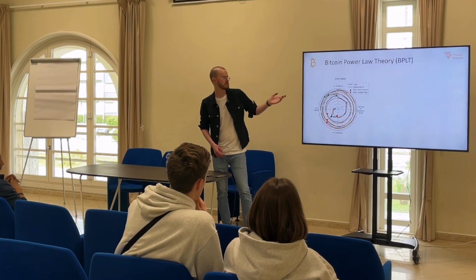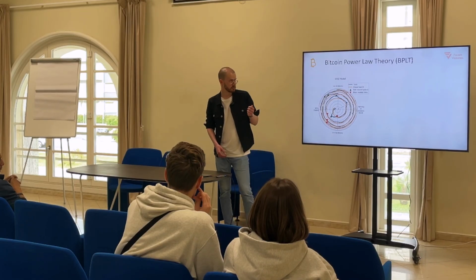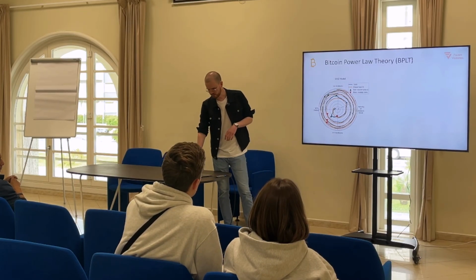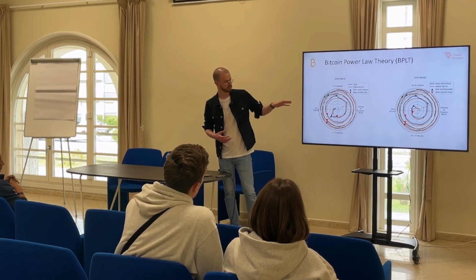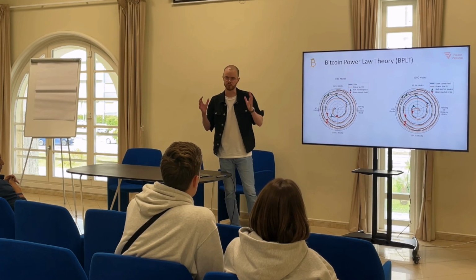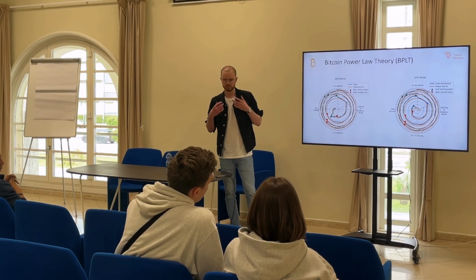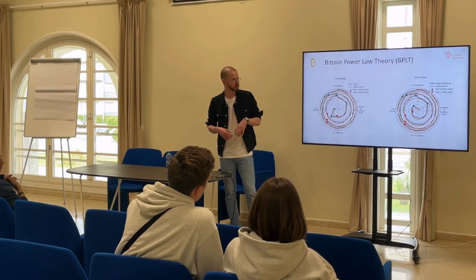There's actually an extension to the Bitcoin power law theory, which is the dynamic power cycle, and that basically presumes that the first cycle was compressed. Basically postulating that, because of the constraints of the market, there was no market to trade Bitcoin.